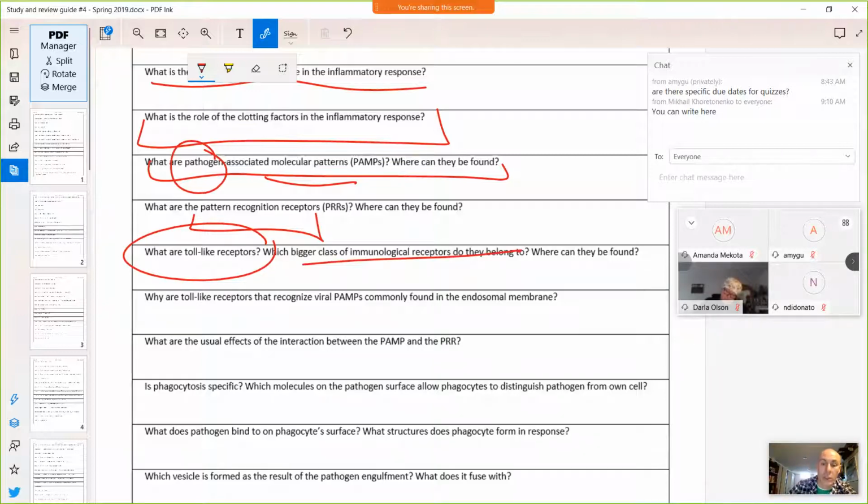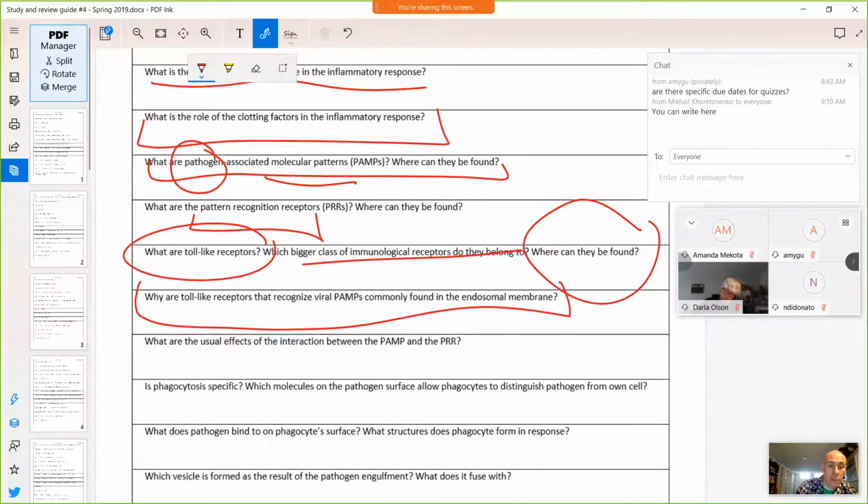They can be found in the cytoplasmic membrane or endosomal membrane of the host cell. I answered that question because viruses get into the cell through the endosome, and the usual effect is activation of innate responses inside the cell.